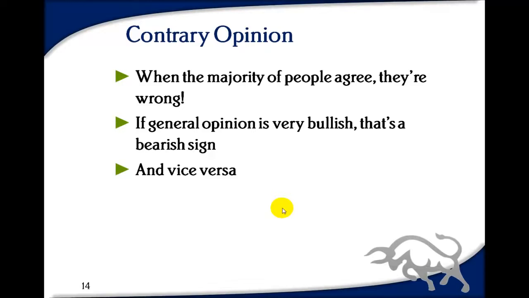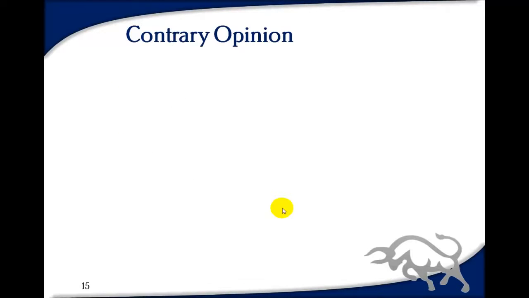Now, we're not just being contrary for the sake of being contrary, but there are reasons for contrary opinion and how it can work. One is that if everyone thinks it's a bullish market, they're all piling in. They're all thinking, I'm going to jump into this boat and increase the value of my portfolio. So they're all putting their money in, and that's extremely bullish sentiment.